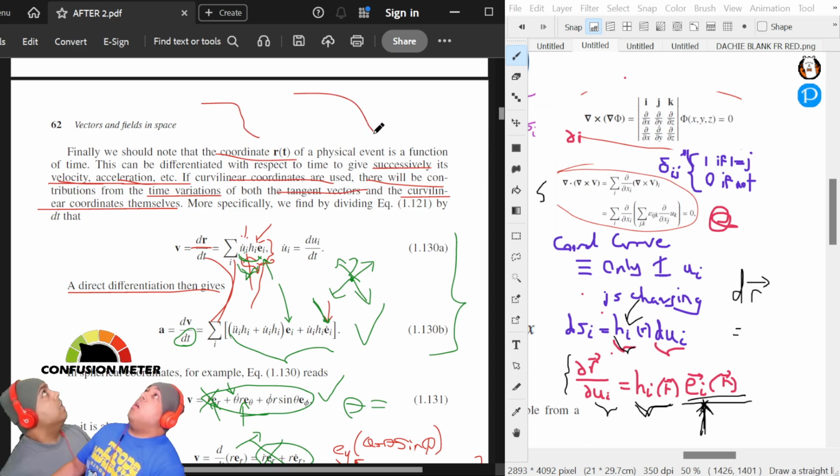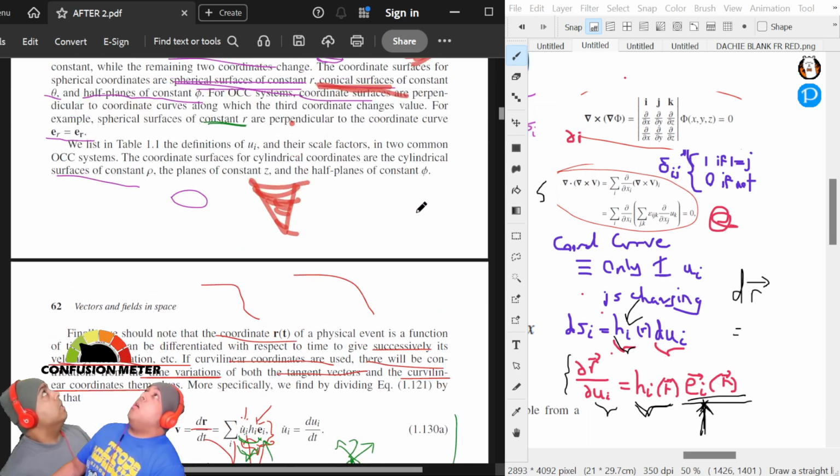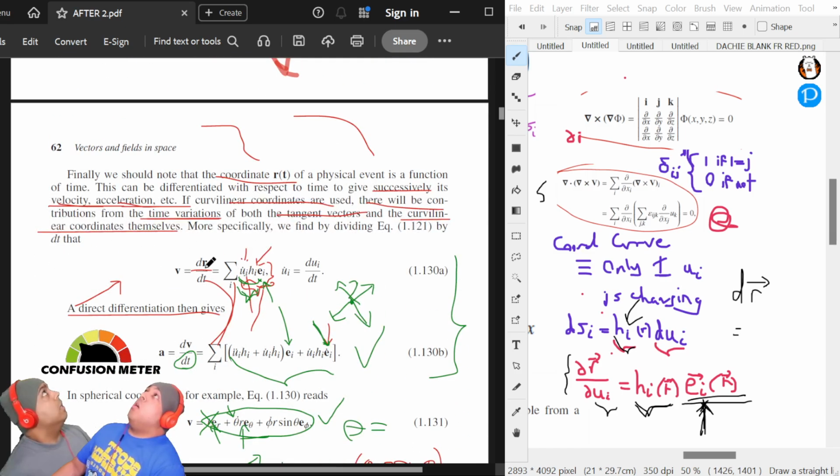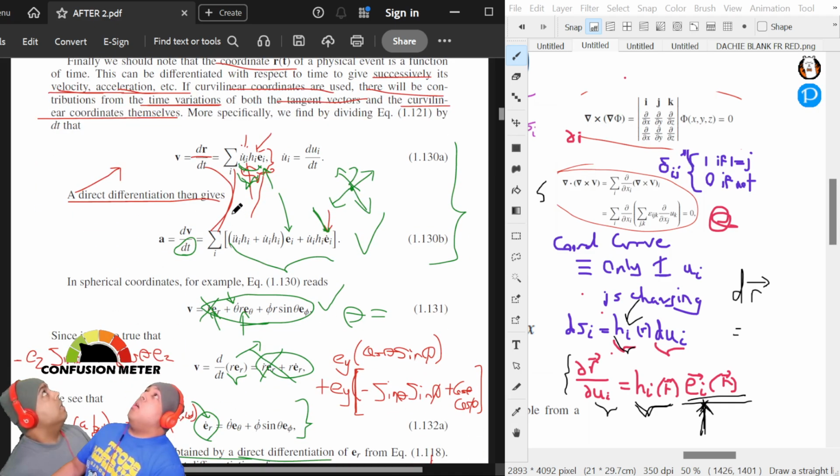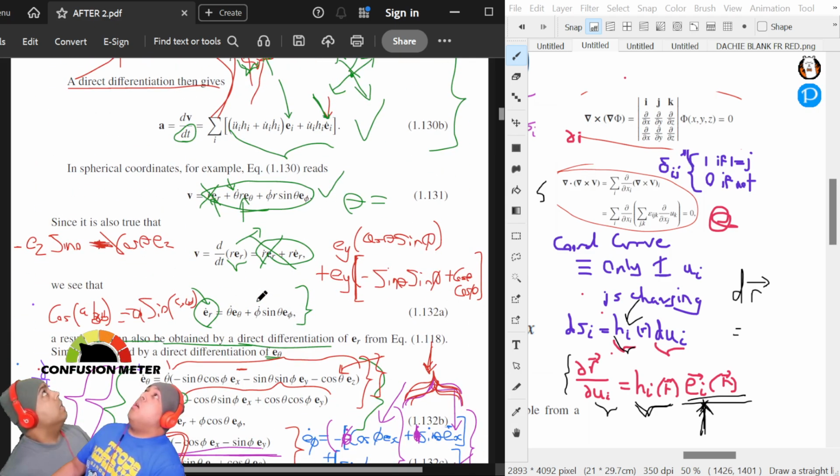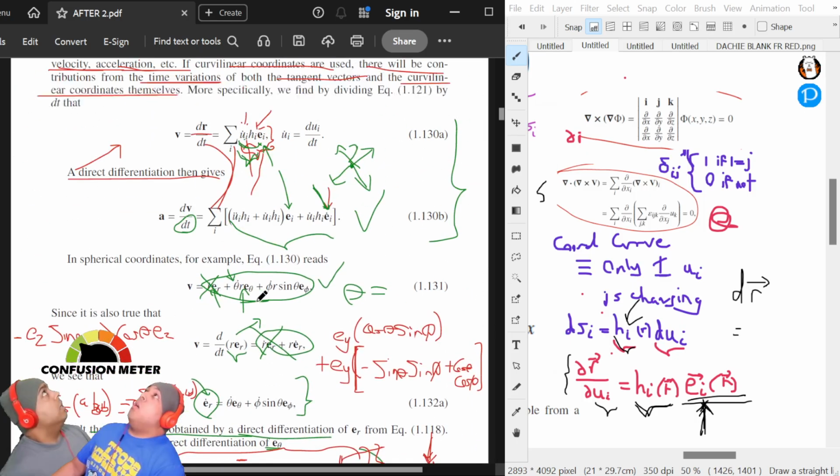If curvilinear coordinates are used, there will be contributions from the time variations of both the tangent vectors and the curvilinear coordinates themselves. More specifically, we find by doing some work that, well, we found this out the hard way.